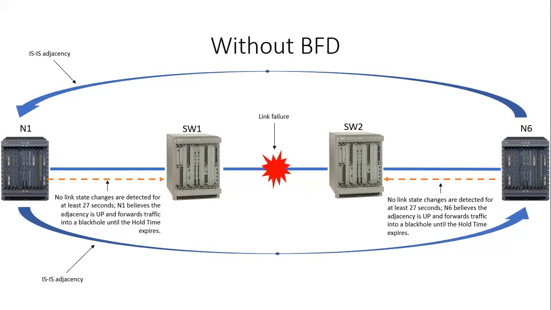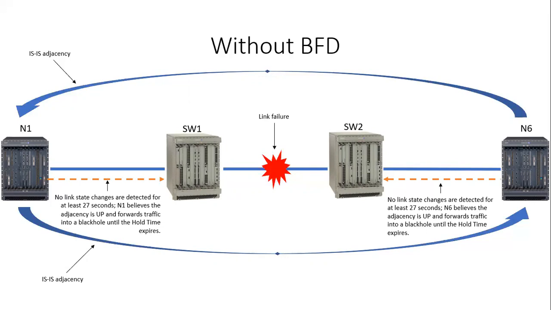So suppose that this connection between N1 and N6 was some type of 400 gig LAG from New York to Los Angeles. Well, forwarding 400 gigabits per second for 27 seconds, that's a lot of traffic that's being black holed.